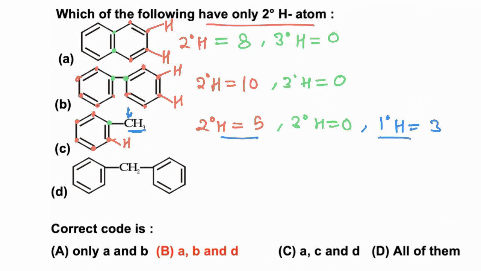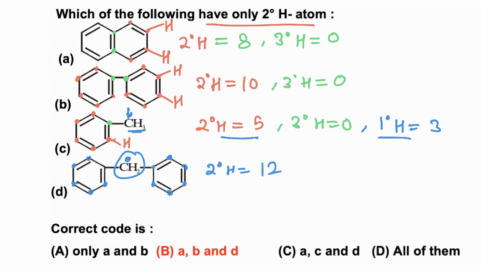While in the last molecule these carbon atoms are 2 degree carbon, so these 5, this is also 2 degree carbon, and these 5 atoms are 2 degree carbon, so 2 degree hydrogen is 5 plus 5 plus 2 hydrogen attached with this carbon, so 2 degree hydrogen is equal to 12.